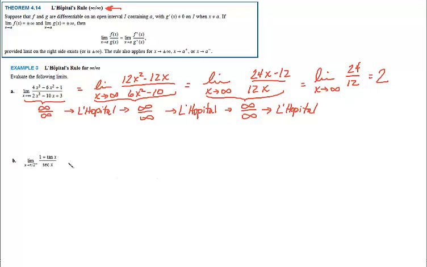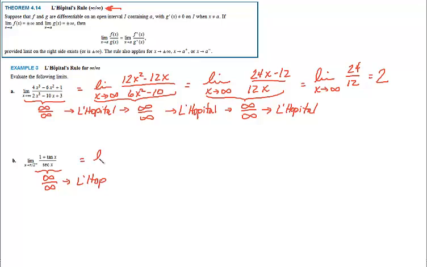Next little guy, if I plug in pi over 2, now I'm looking at this from the left, and you can look at these on your graphs. I will see that this case goes to infinity over infinity, which means that I can then apply L'Hopital's rule.